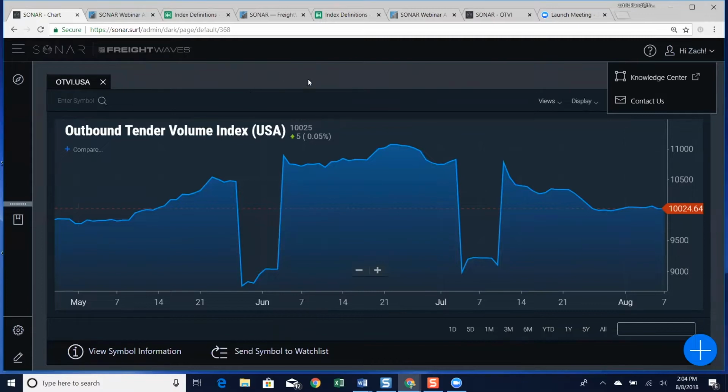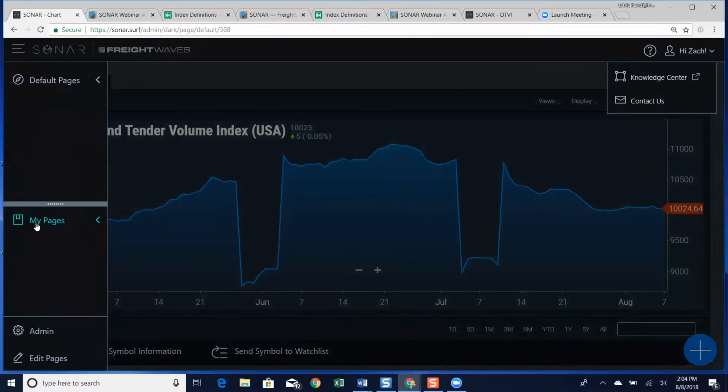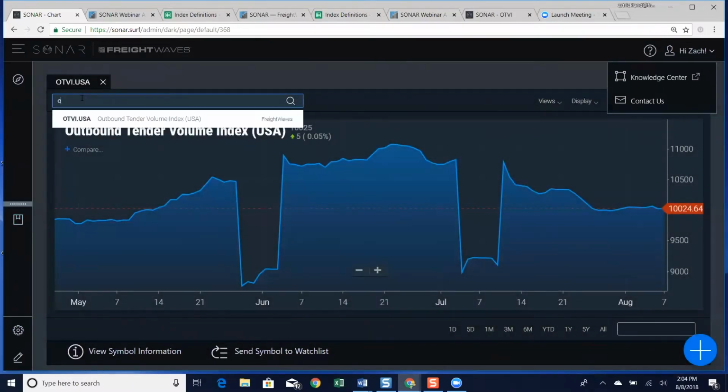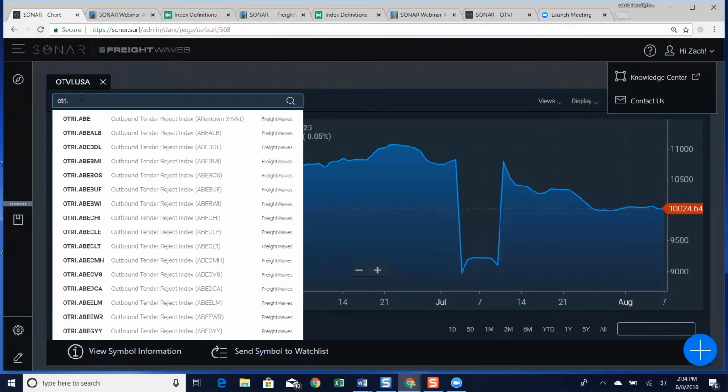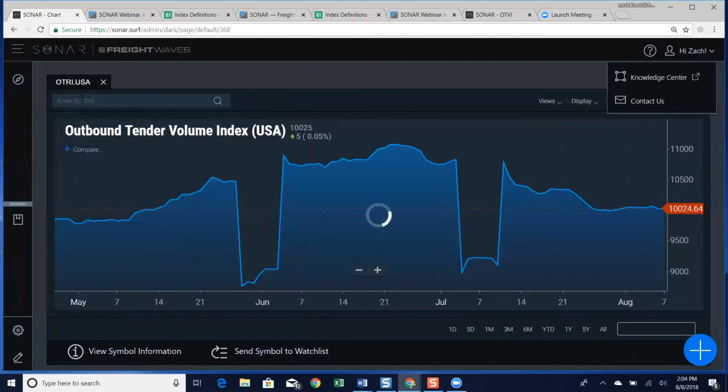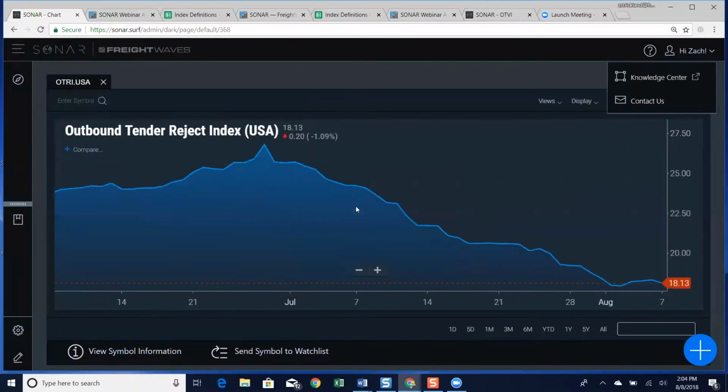The Tender Rejection Index, probably our most popular ticker symbol, if you will, OTRI is that indicator. And then you put that with the different market granularities. USA would be the national index. So what that is saying is that 18.13% of the time yesterday, carriers rejected their load tenders. There are two reasons that carriers reject load tenders.